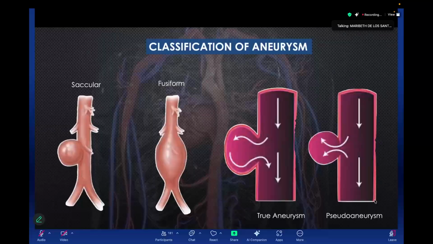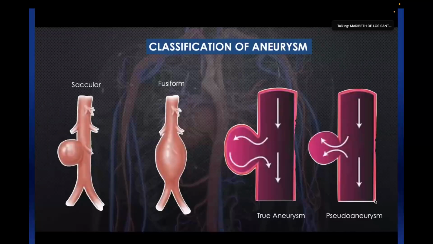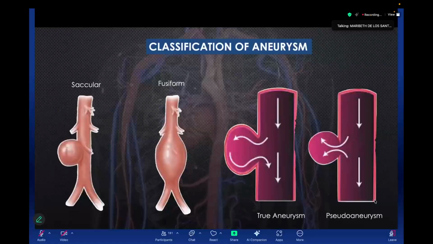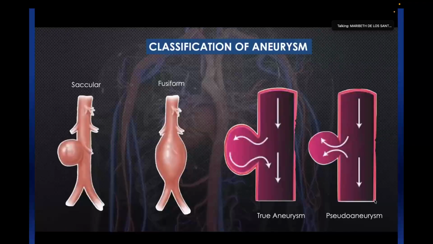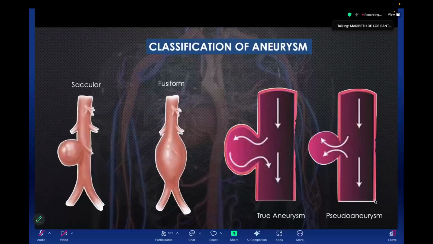Another classification is whether it's a true aneurysm or a pseudoaneurysm. A true aneurysm involves all three layers of the vessel wall, the intima, the media, and the adventitia. With a pseudoaneurysm, all three layers are not involved and the risk of rupture is high.